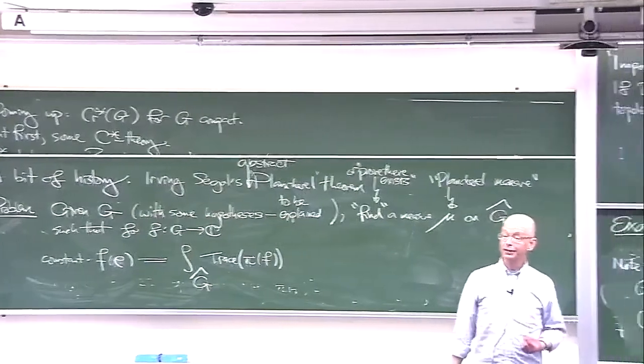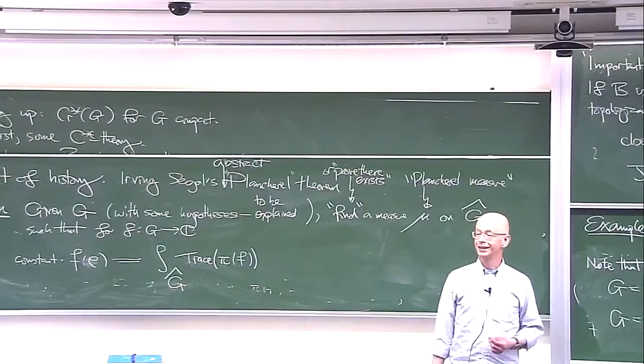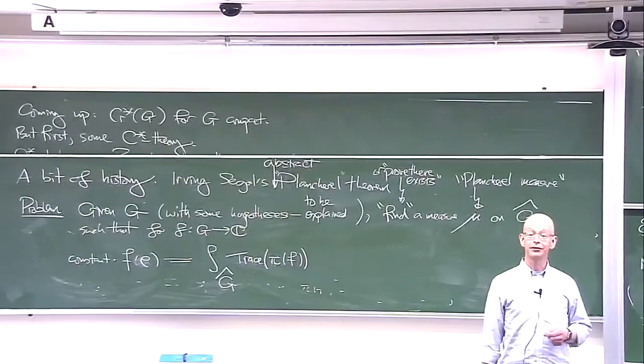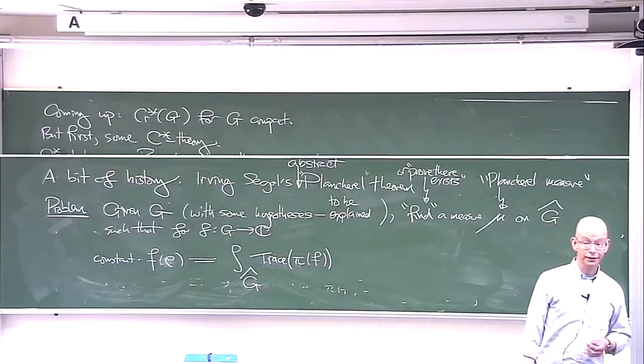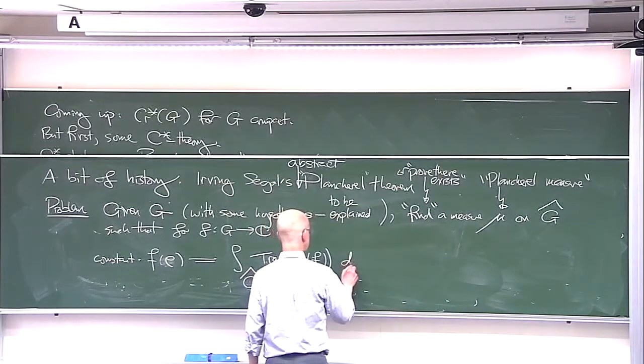And I can represent that operator as a matrix, a big, infinite by infinite matrix, and I can take the sum of the diagonal entries, that's the trace, just like it usually is for matrices. And then I can add up. How do I add up all of these contributions? Well, that's what this measure does.